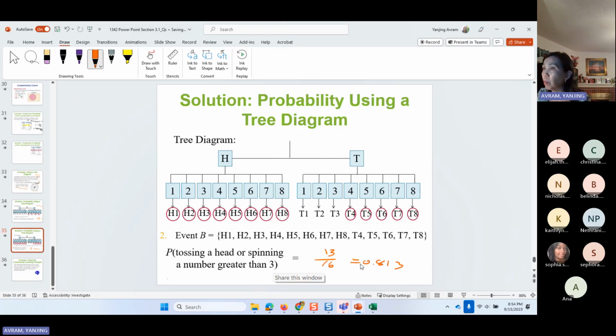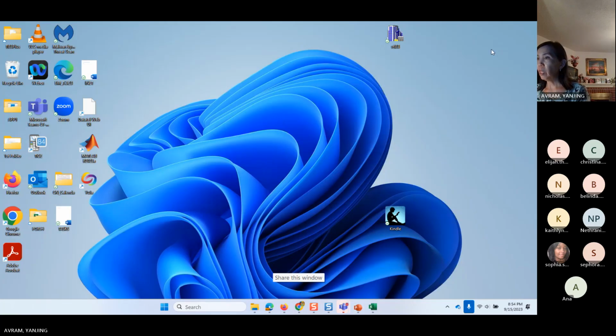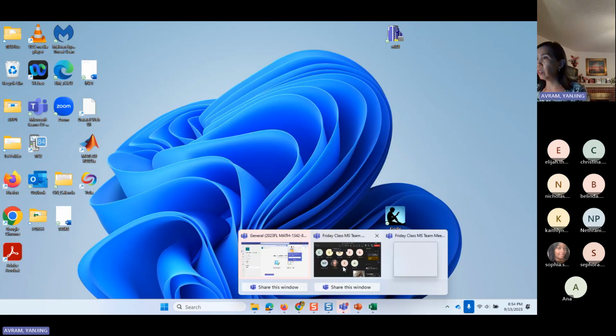A probability can only be greater than or equal to 0 and less than or equal to 1. Always check your probability; if you calculated 8.13, that would be wrong. So that is the probability for the first section. Any questions so far?